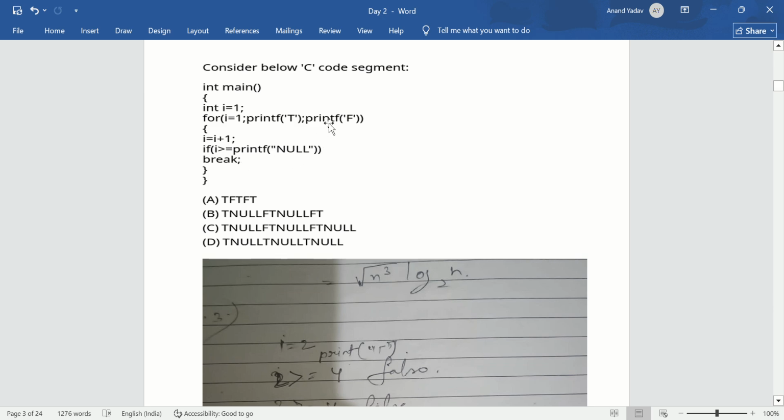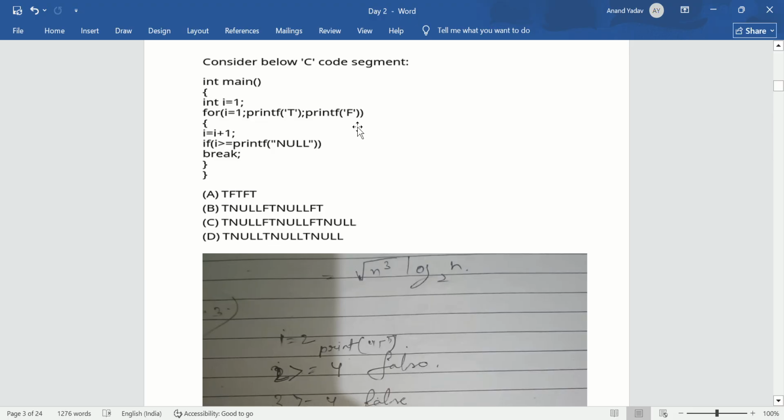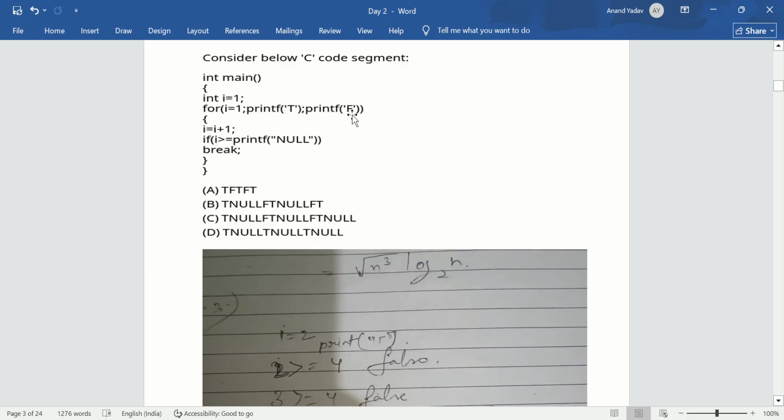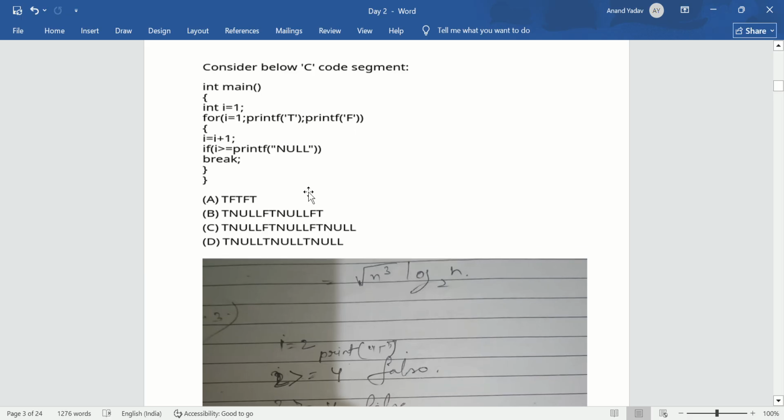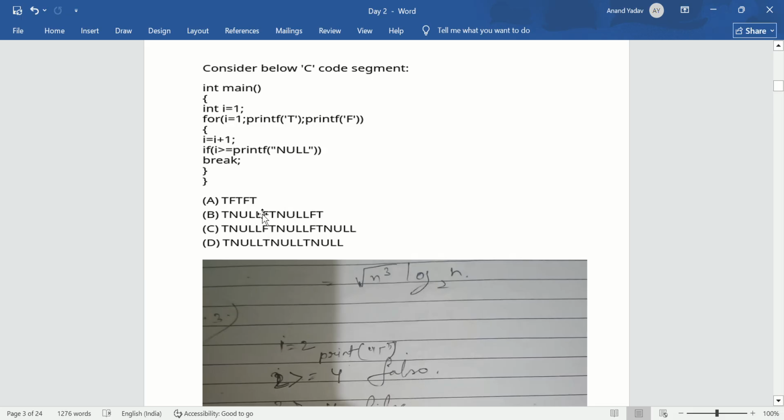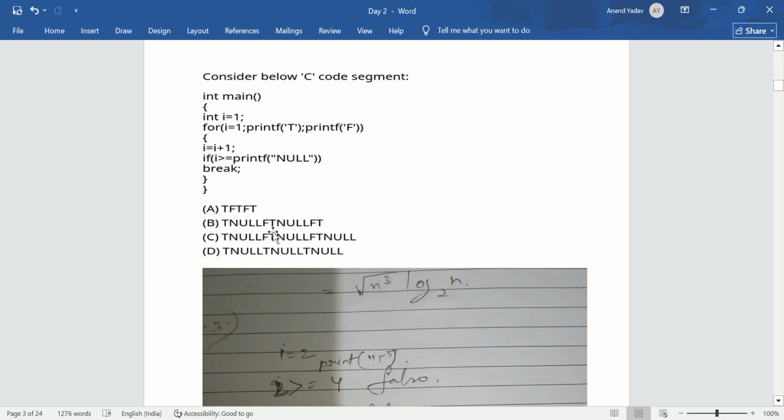So it does not break, and again goes for the increment operator: printf after null prints T, null, F, and these two options are approximately correct. Now print T, again T, after F again T, and then i plus 1 is 3.